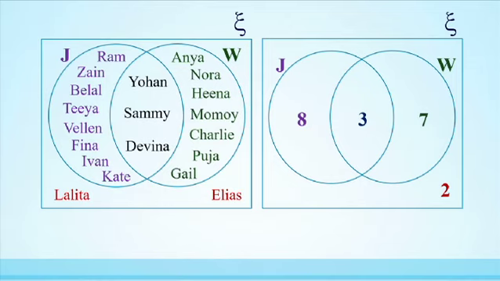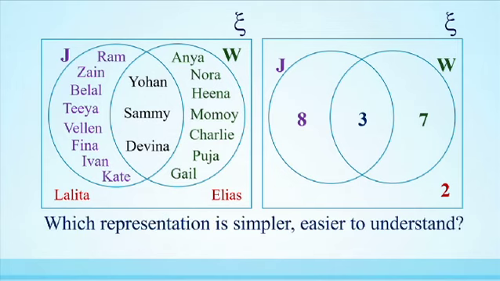We can see that there are 8 students who like jogging only, 3 students in the intersection part, 7 students who like walking only, and 2 students who like neither. Which representation is simpler and easier to understand? For what reasons?